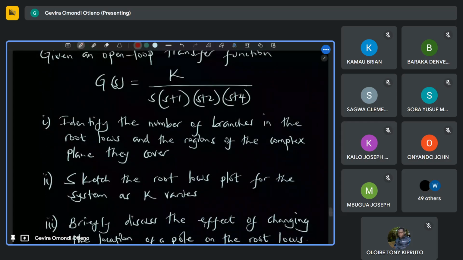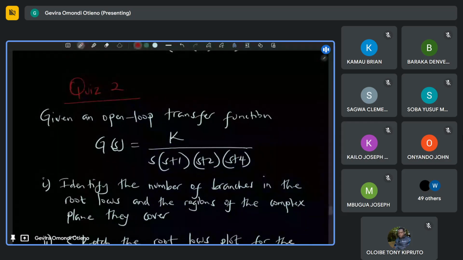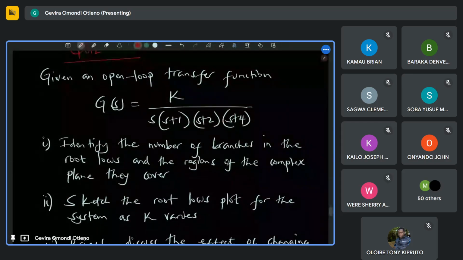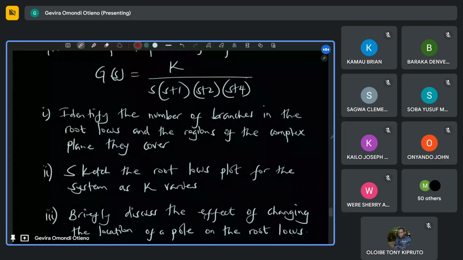Now, another typical question, this I think I took from last year's exam. It says, given an open loop transfer function as shown there. It's a 3-part question. 1, you need to identify the number of branches in the root locus and the regions of the complex plane they cover.